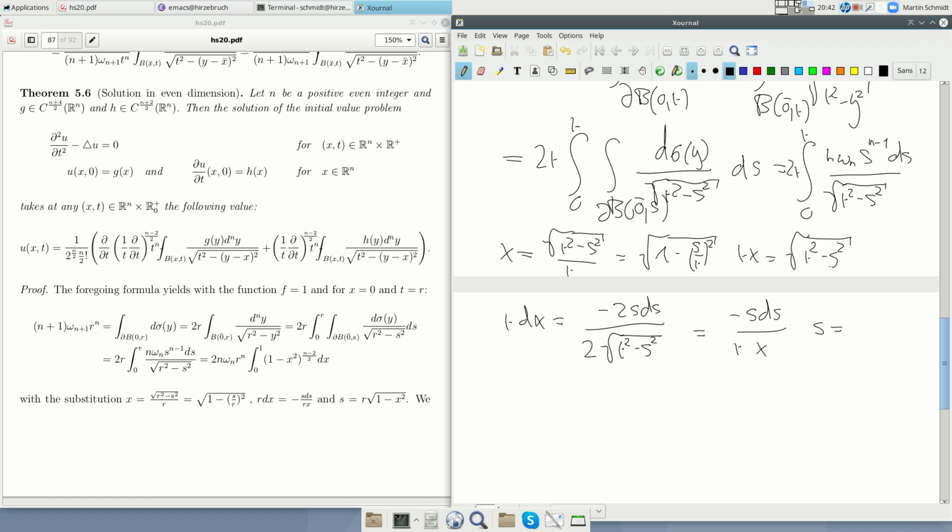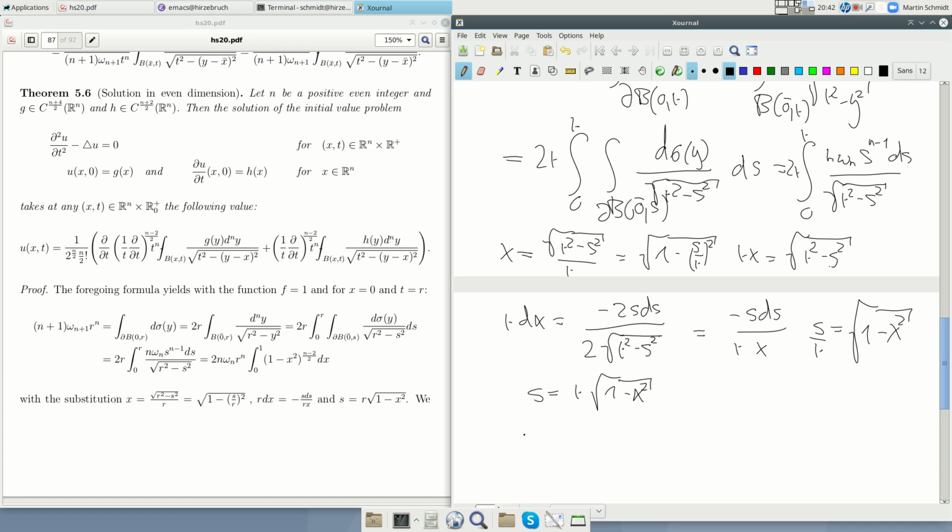So s over R is of course square root of 1 minus x squared, and so we have s equal to R times square root of 1 minus x squared.